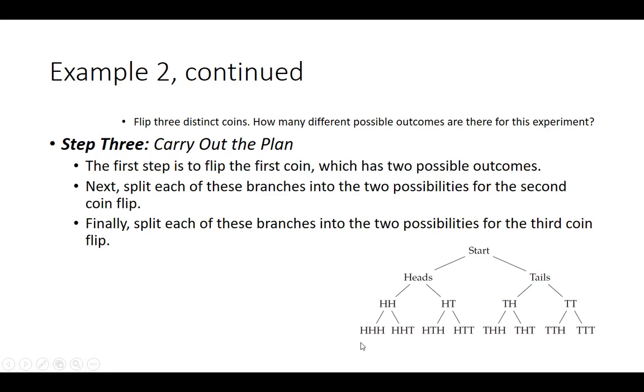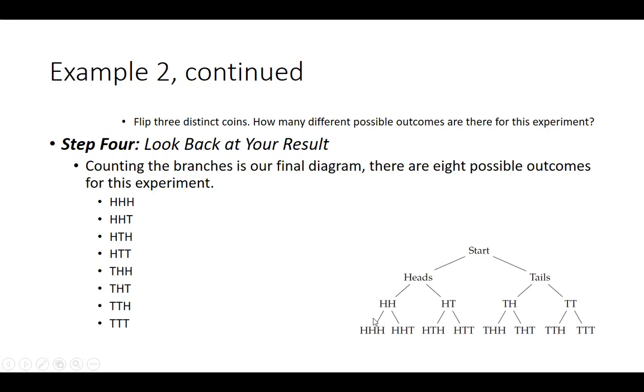So overall, we can count 1, 2, 3, 4, 5, 6, 7, 8 possible outcomes for the experiment: heads heads heads, heads heads tails, heads tails heads, heads tails tails, tails heads heads, tails heads tails, tails tails heads, and tails tails tails.